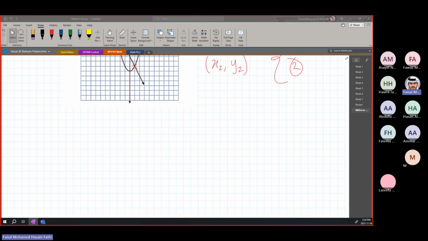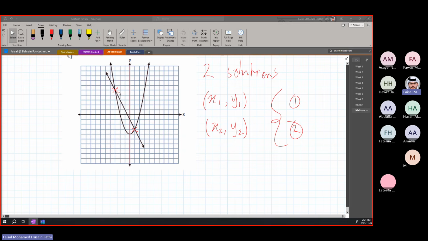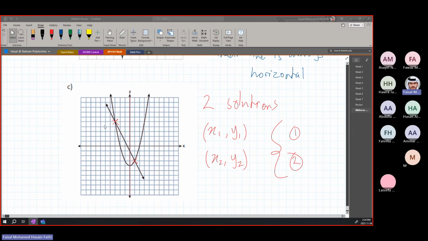So after finding the 2 points, we solve them. The idea depends on how the question is being asked. If they say, for example, prove that these 2 points are actually the solution of this equation, they will give you the equation of a parabola, for example, or the equation of the line, or you're going to have to find, in the case of linear equations, 2 equations of a line.